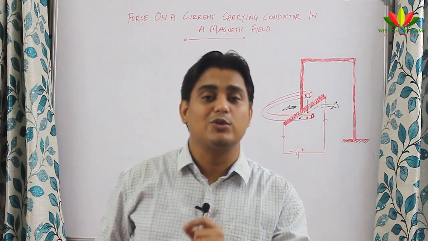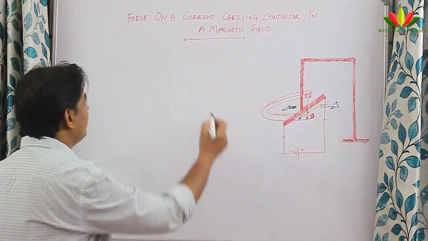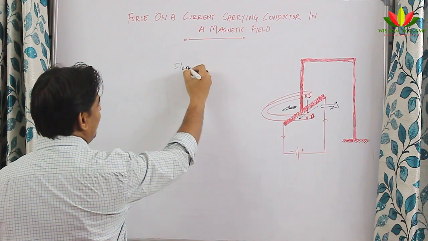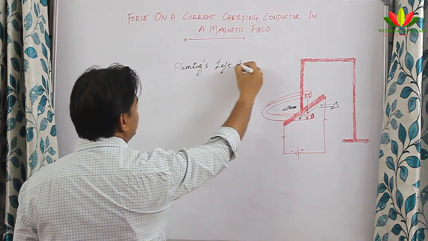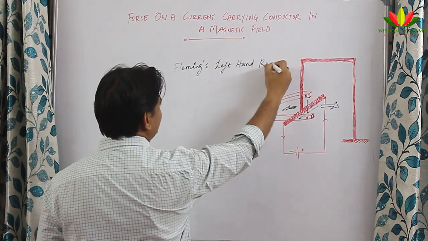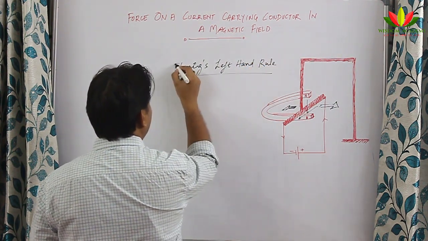Now you can ask me, sir, how can we remember the direction of the force? The direction of the force was given by one of the very famous scientists, Fleming, and it is called Fleming's left hand rule.